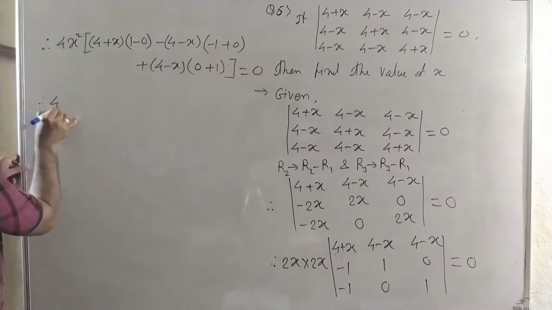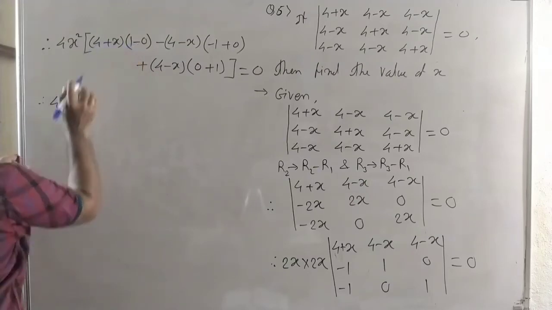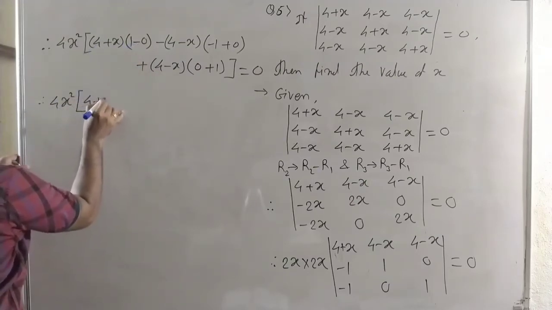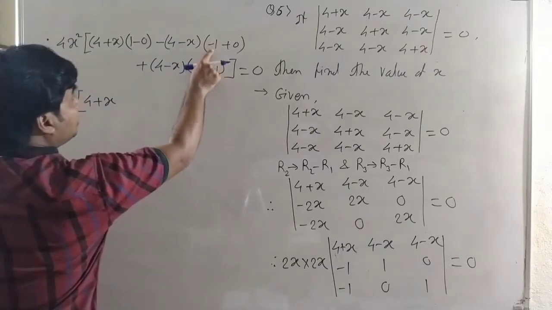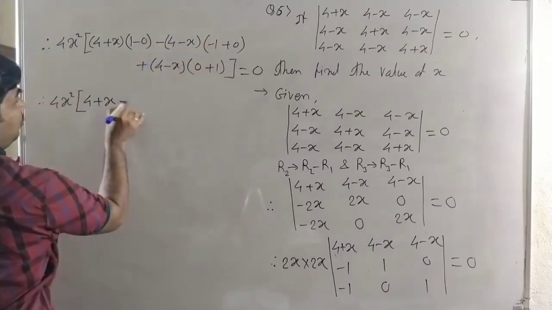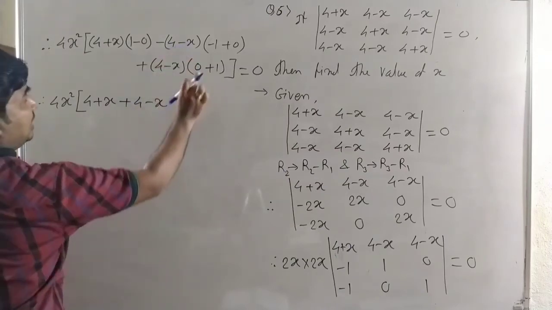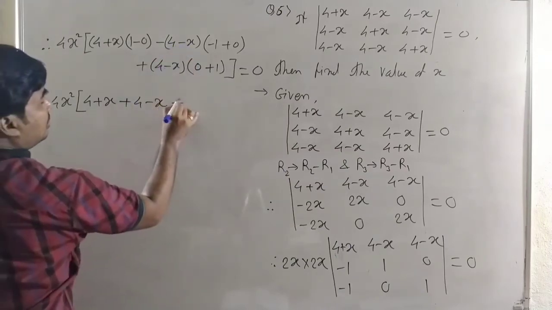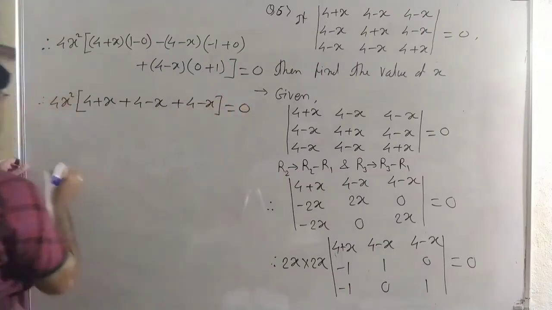See carefully, it is 1 into 4 plus x, and here it is minus 1 and this minus becomes plus, so plus 4 minus x, and plus 4 minus x, equal to 0.